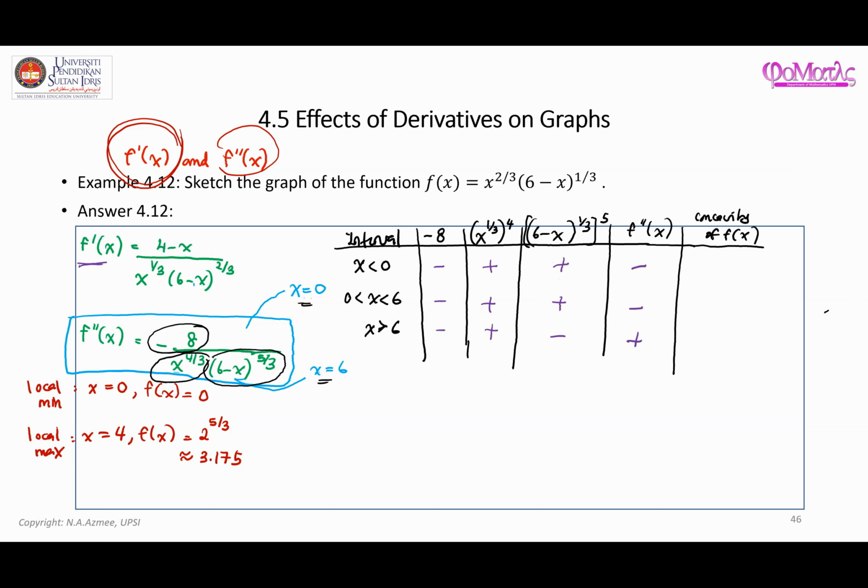Based on this, we can say the concavity of f(x) is downward for the interval negative infinity to 0, also downward for the interval between 0 and 6, and upward for the interval 6 to infinity.